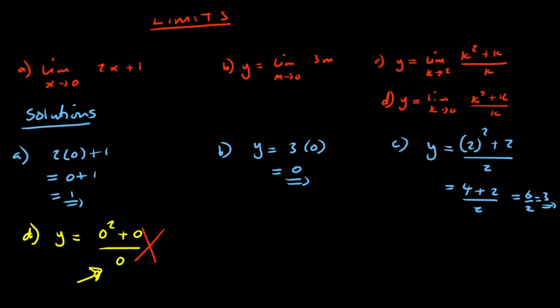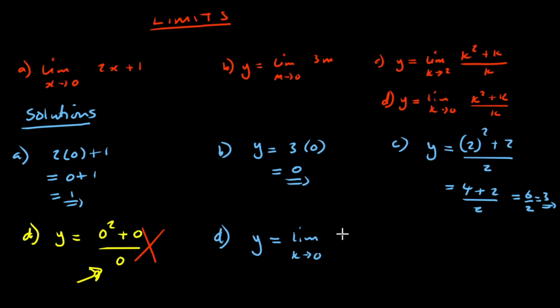What do we do? Before we start calculating, we have to think, is there a way to get around that? And of course, there is. What's that way? For D, we write y is equal to the limit as k goes to 0. Try to find a way here to factorize the top so that maybe there will not be that denominator to cause this problem.